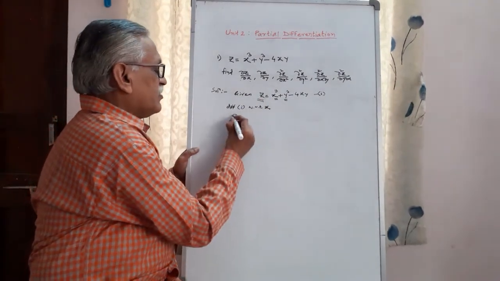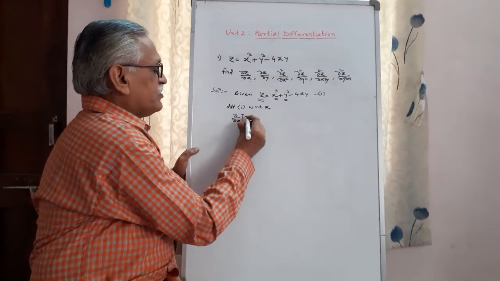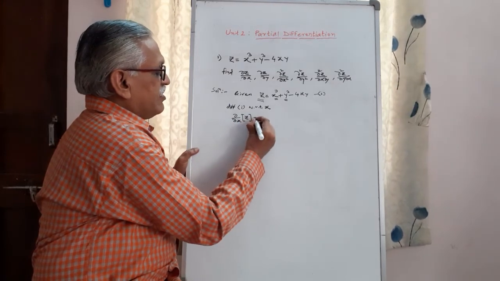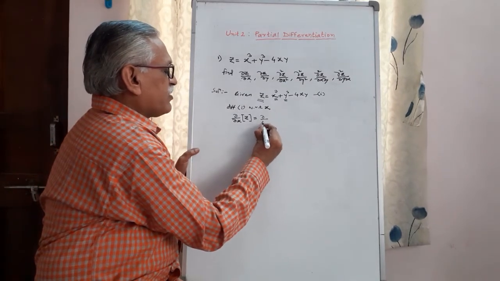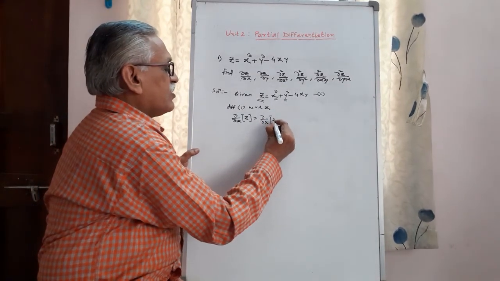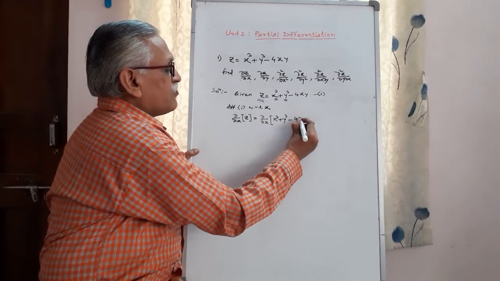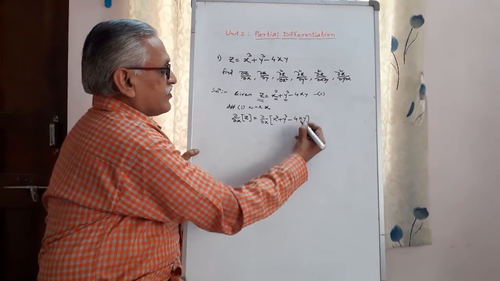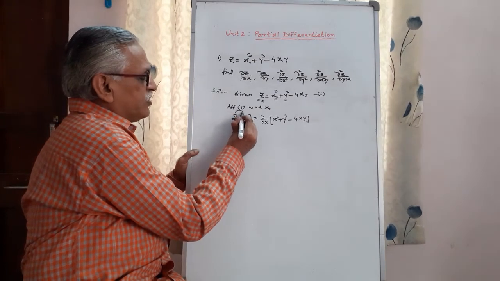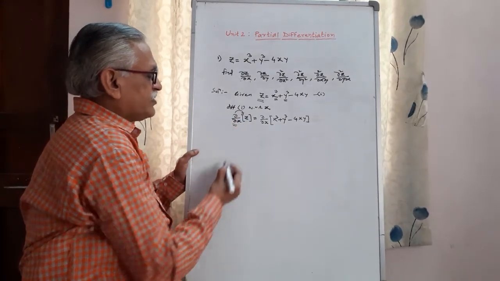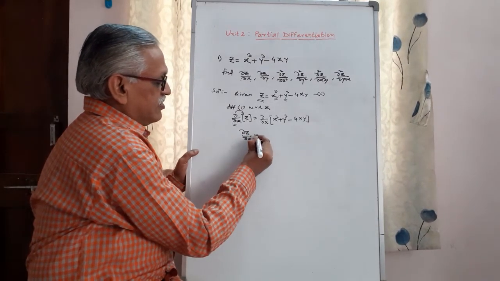Therefore, it is dou by dou x, that is the operator of partial derivative, of z, and partial derivative of the right hand side term, dou by dou x of x cube plus y cube minus 4xy. When we operate on this function, it becomes dou z by dou x.